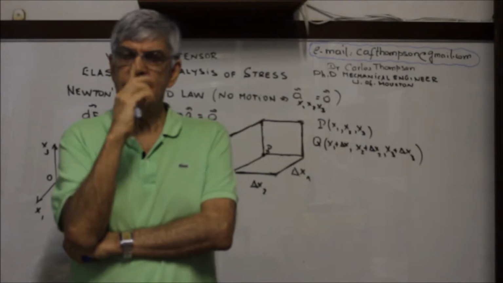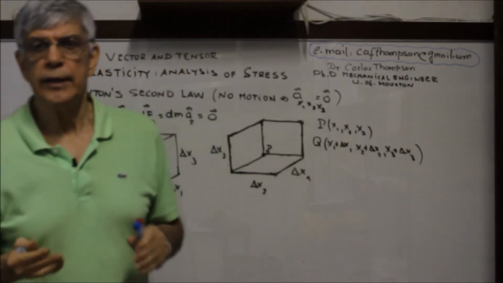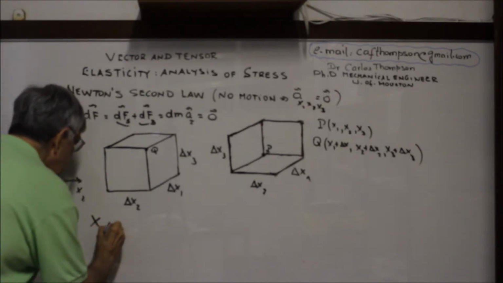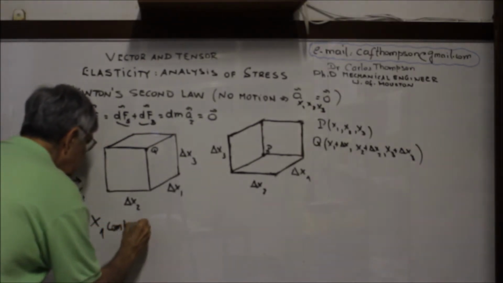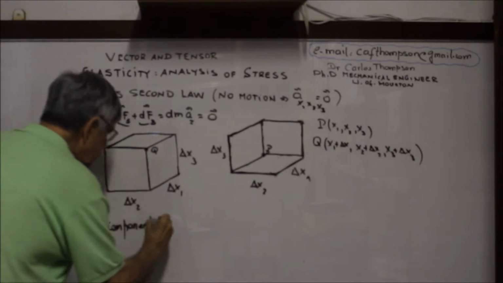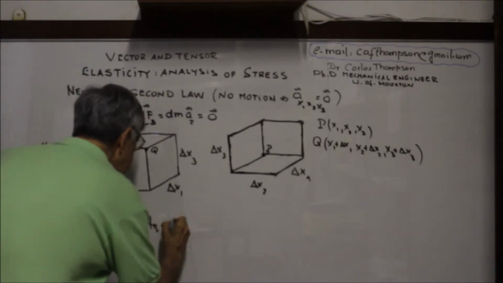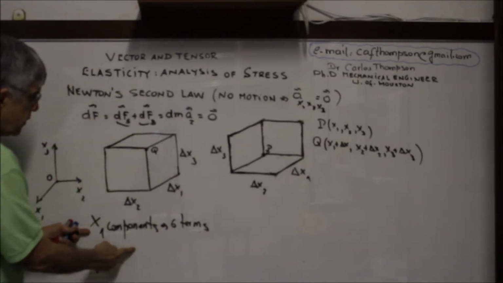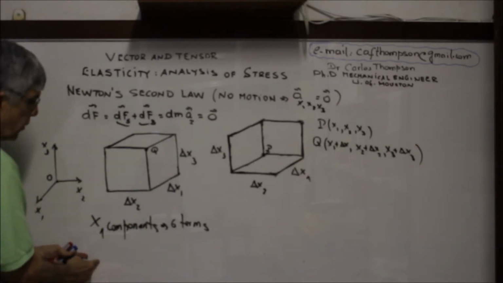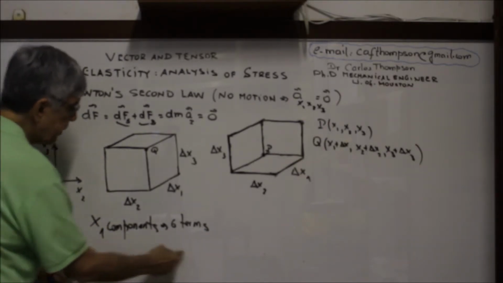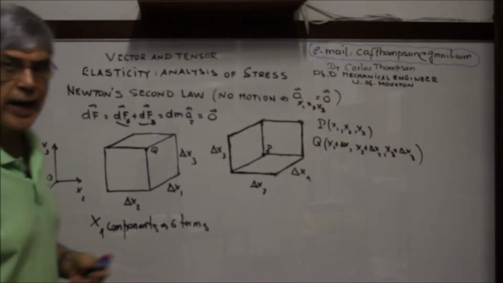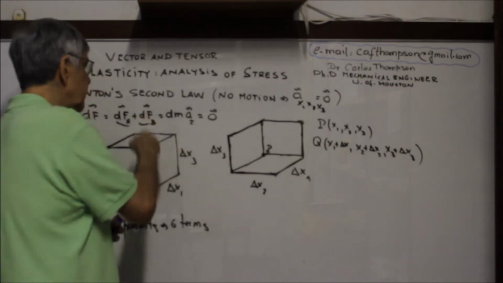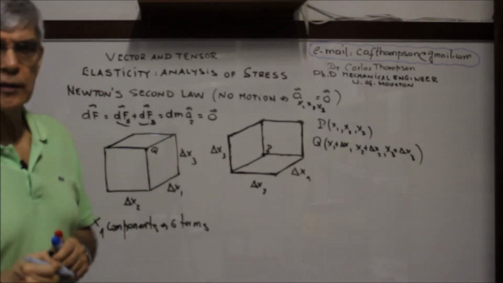Now let's split this in 3 parts. I will consider only x1 components, which implies 6 terms. Then x2 components, plus 6, and x3, plus 6. So this will be 18 terms, plus 1 term for the body force.